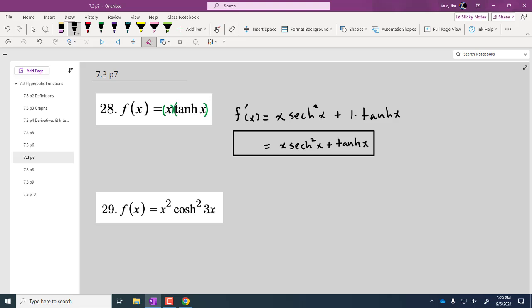So you have to use a particular order once your functions become vector functions, which is what will happen in Calc 3. And then you have to do first times derivative of second, derivative of first times second. Because with vectors, vector multiplication is not commutative. So with real valued functions like we're doing, yeah, it doesn't matter if it's 1 times tanh or tanh times 1. Does not matter.